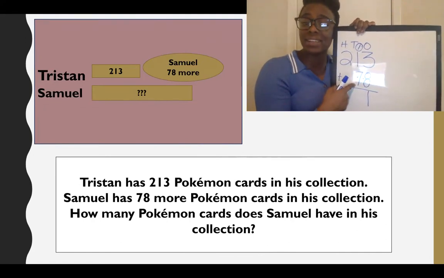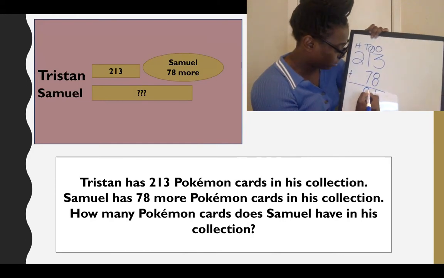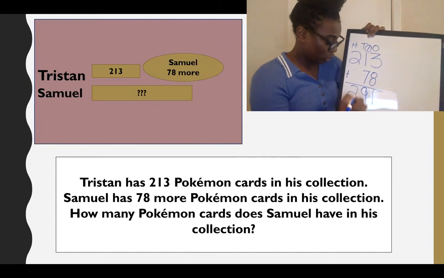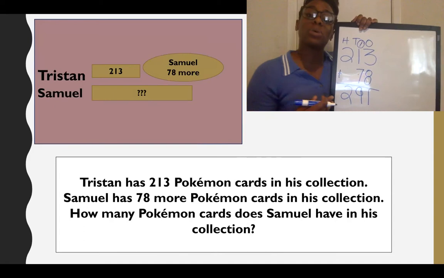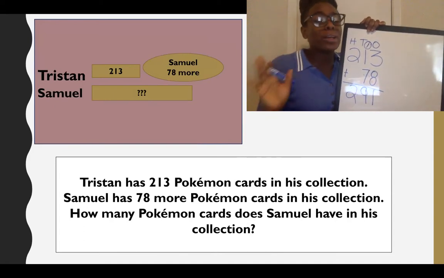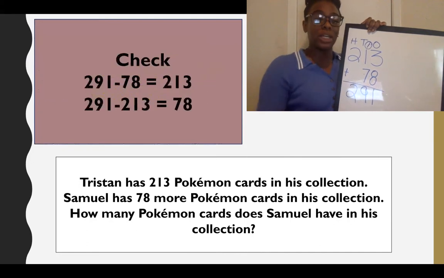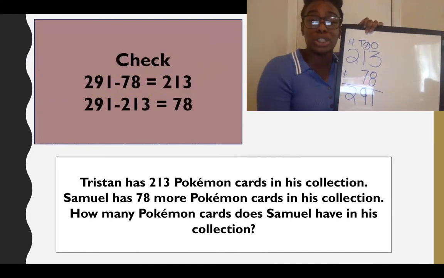1 plus 7 is 8, plus another 1 is 9. And 2 plus 0 gives me what? 2. So 213 plus 78 equals 291. I want to be sure and check my answer, so I'm going to use my fact family to help me. So I know that 291 minus 78 gives me 213.